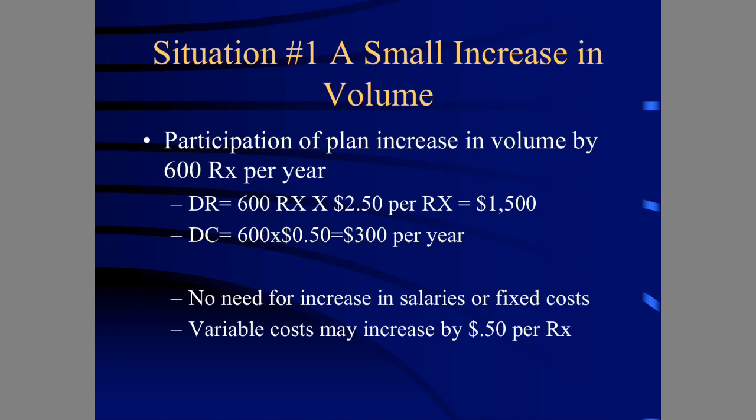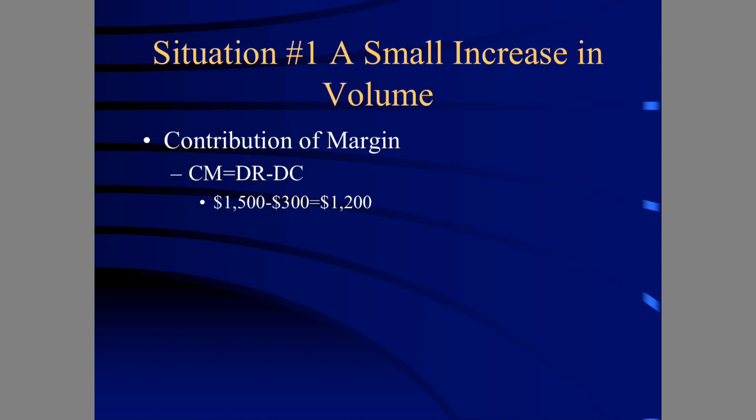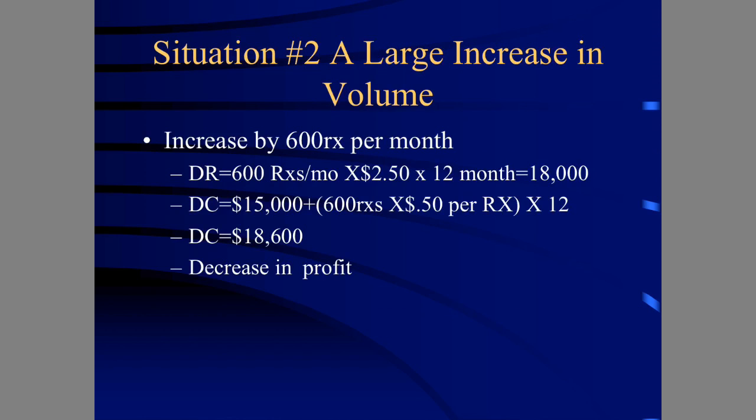If I do this, it's going to cost me an additional 50 cents per claim, so my cost is going to go up $300. If I have no need for increased salaries or fixed costs, I'm potentially going to see a contribution margin by adding this service of around $1,200.